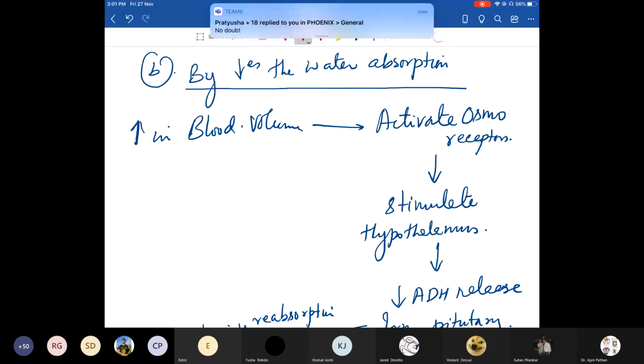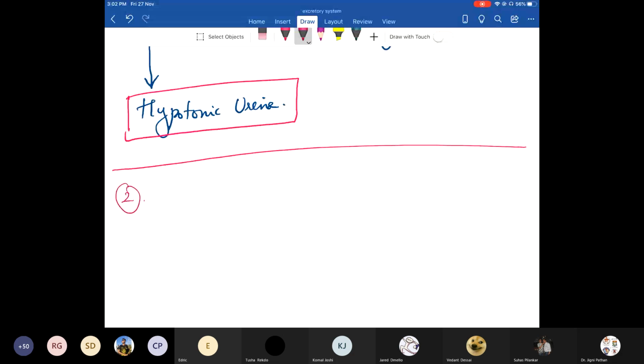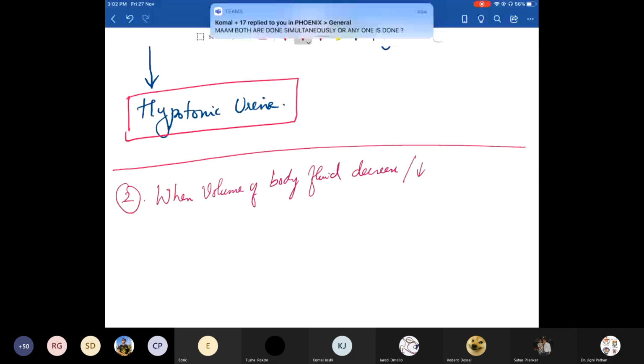Is all clear? Okay, everyone, now the next condition is when there is excessive blood loss or the volume of body fluid decreases. It depends on how much the body needs to excrete water out of the body.